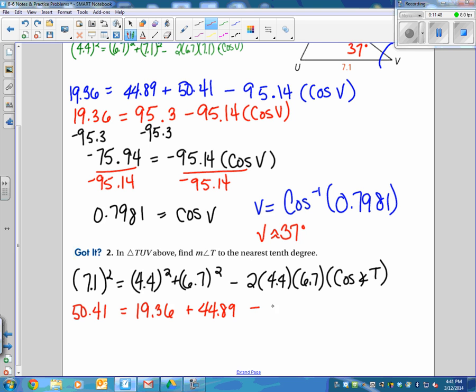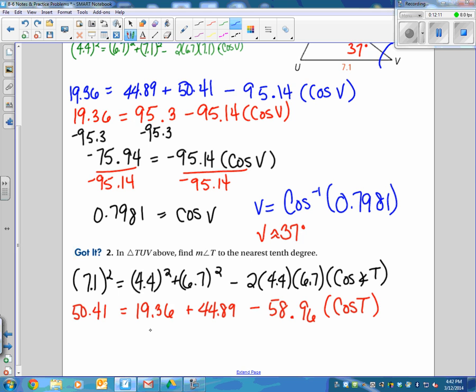Okay, subtract, and I'm going to go ahead and punch this next string in my calculator. So I'll say 2 times 4.4 times 6.7 will give me 58.96, and of course times the cosine of t.